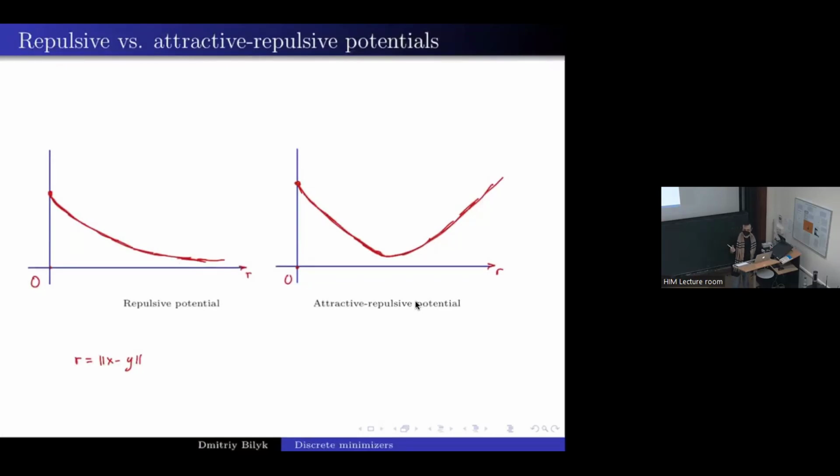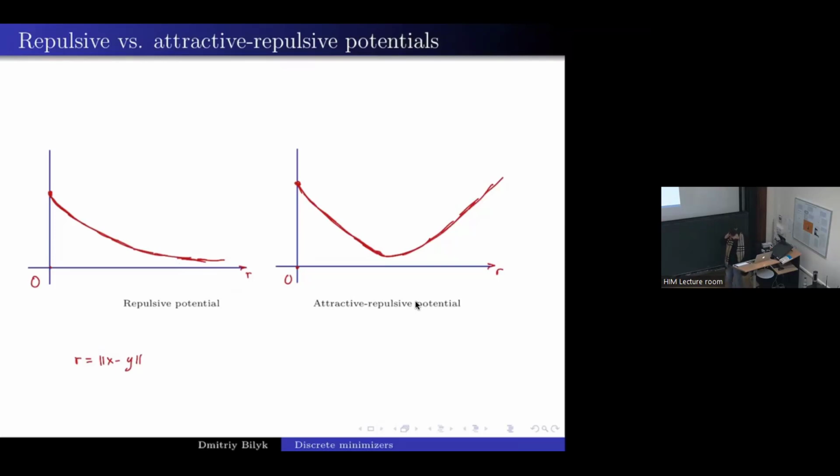So it's repulsive at small scales and attractive at large scales. Actually, when you're in a compact domain, the distinction is not always so big because you have some attraction encoded by the fact that your mass cannot escape from a compact domain. So there is some attraction there automatically.